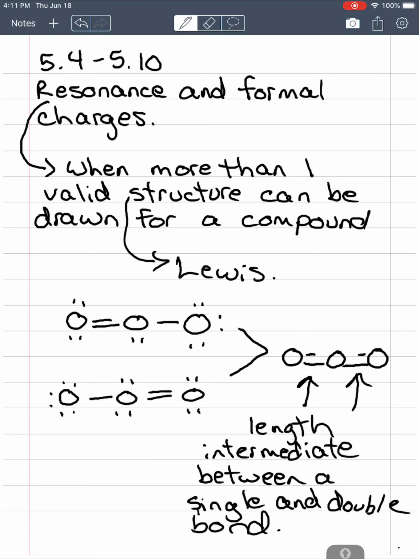All right? So it's really more like two 1.5 bonds than a single bond on one side and a double bond on the other.